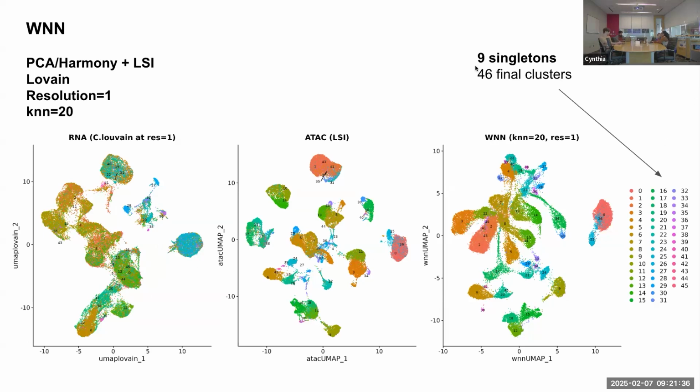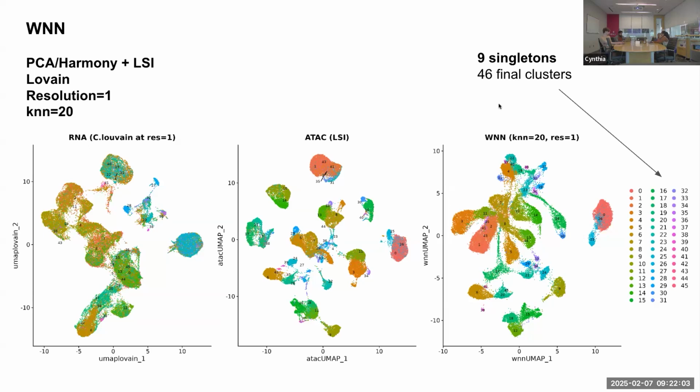I noticed that we have a lot of singletons. In Multiome, a singleton is a cluster that we have over here somewhere that is representing only one of these modalities. It's not a good diagnosis to have a lot of singletons produced, because we don't have the information of both data sets in some of these clusters.